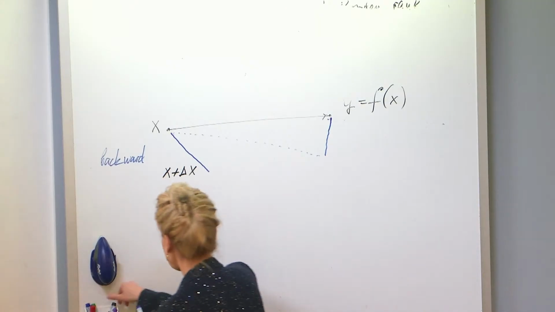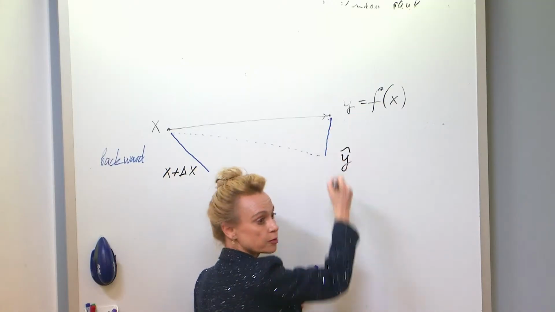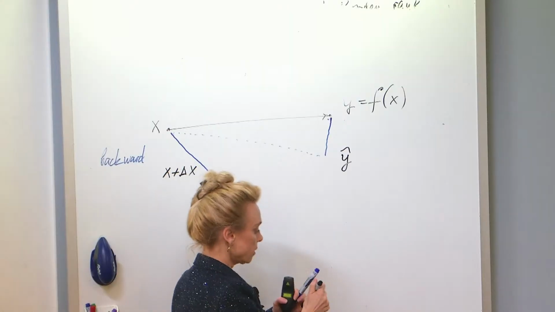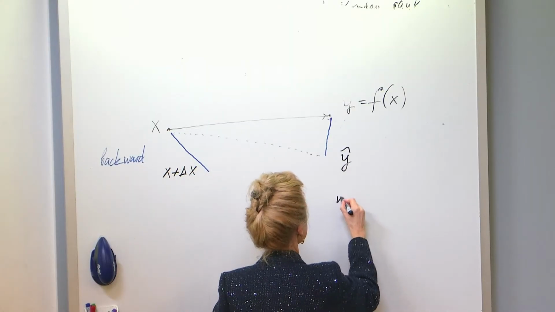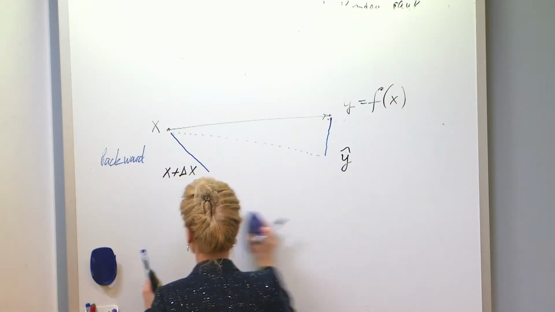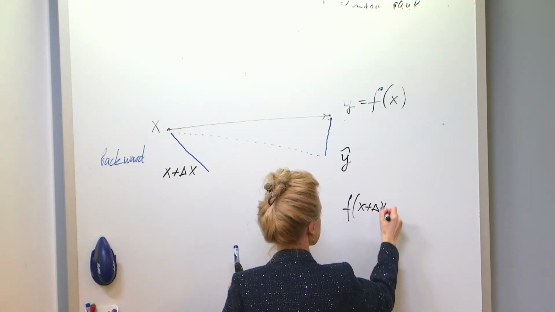So you got somehow y hat. Then of course that's your measure of your forward error. And then maybe you have another one which is f of x plus delta x. Okay.